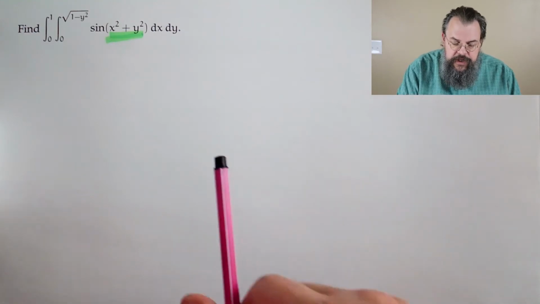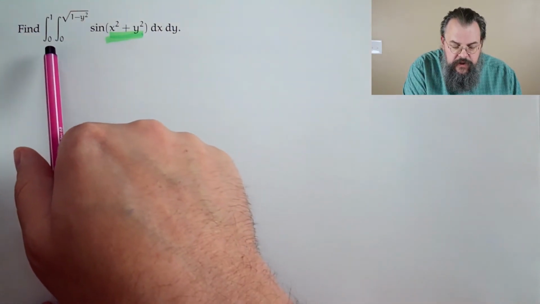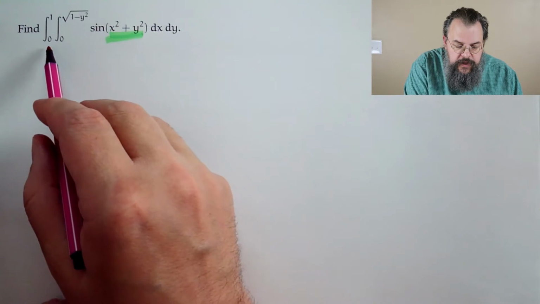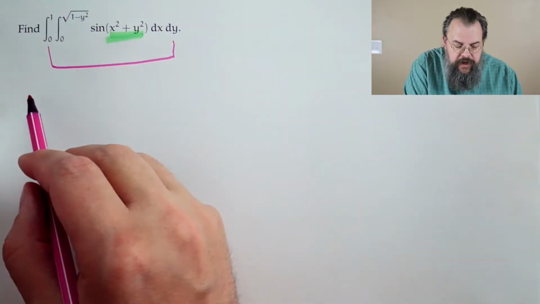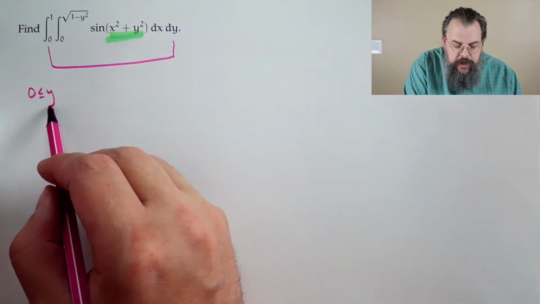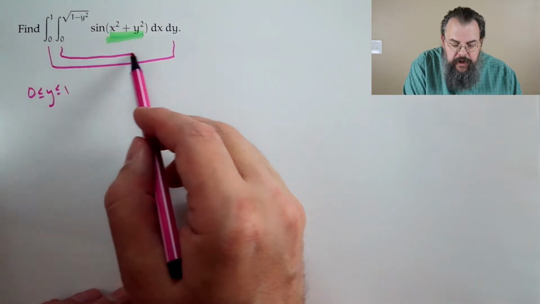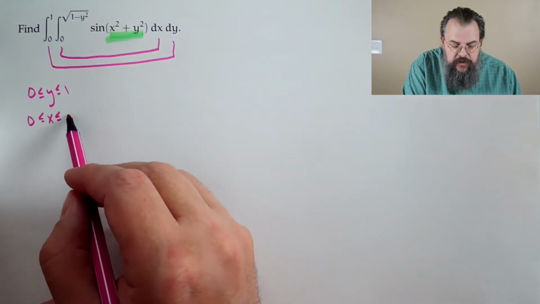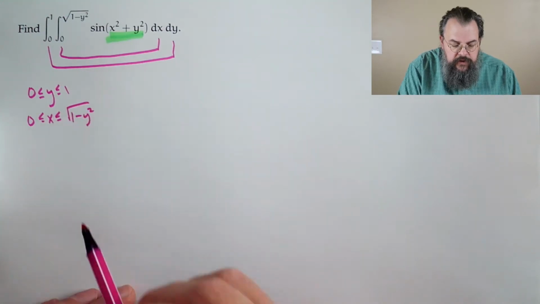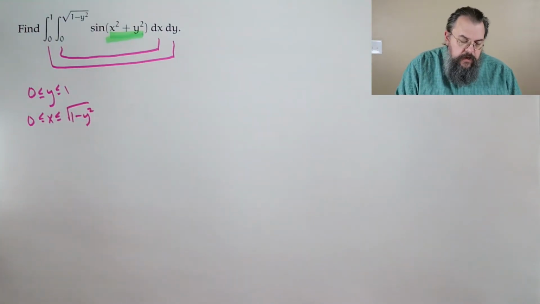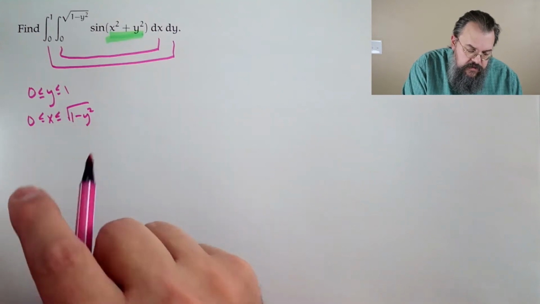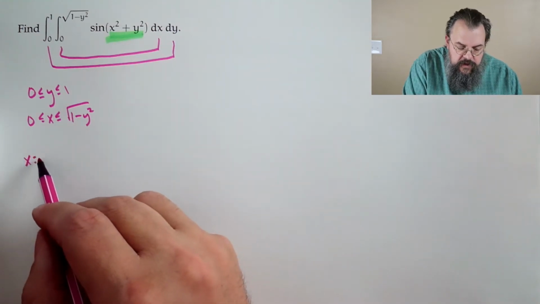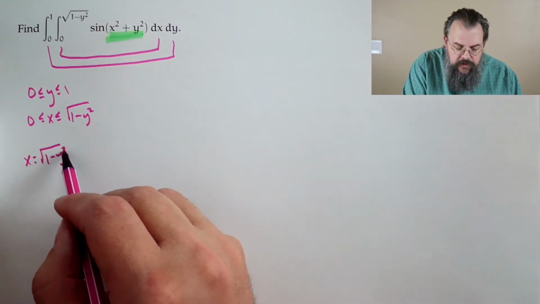Let's talk about our region here. All right, so if we look at our bounds, our outer bounds say y goes 0 to 1. Our inner bounds, well, 0 is less than or equal to x, less than or equal to the square root of 1 minus y squared. Okay, well, this curve, x equals the square root of 1 minus y squared.